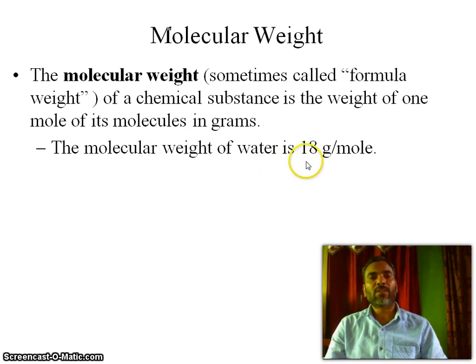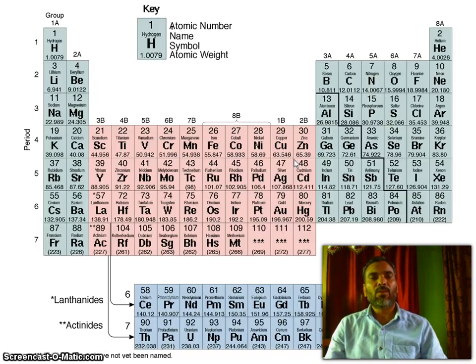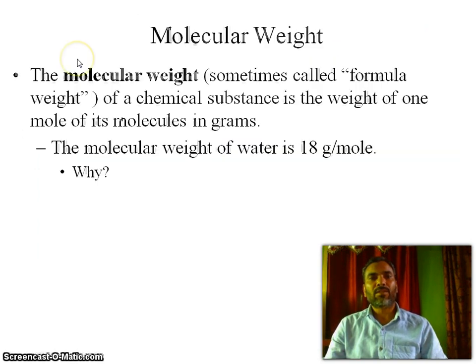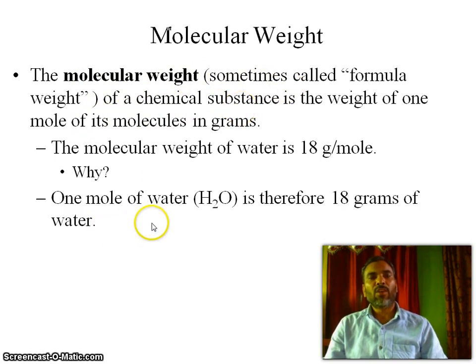You can calculate it because you know it contains 1 oxygen and 2 hydrogens. So here are oxygens, here are hydrogens. 1 mole of water is therefore 18 grams of water.